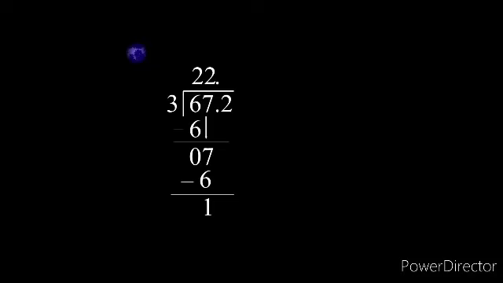Okay, 12 divide 3 equals 4. Yes, class, 4. 4 times 3 equals 12. So 0. So let's move forward to another example, class.